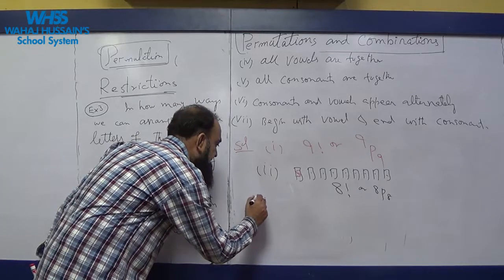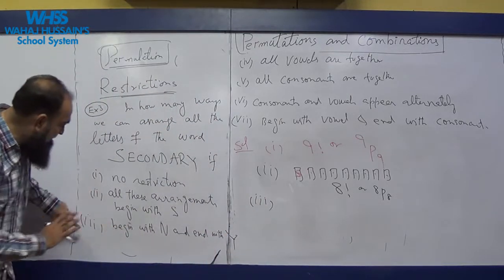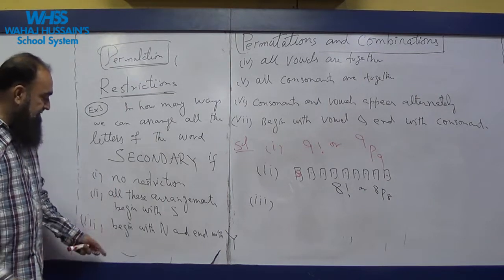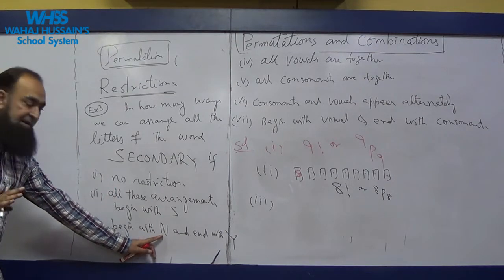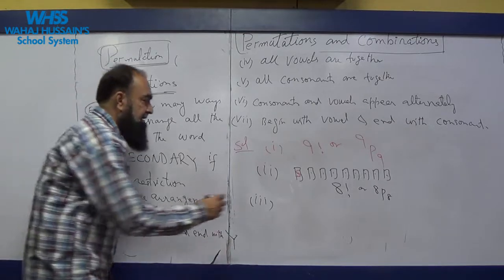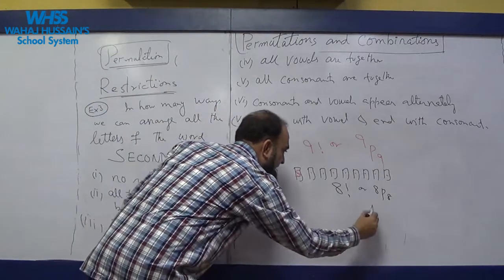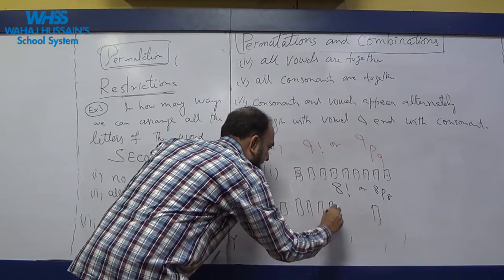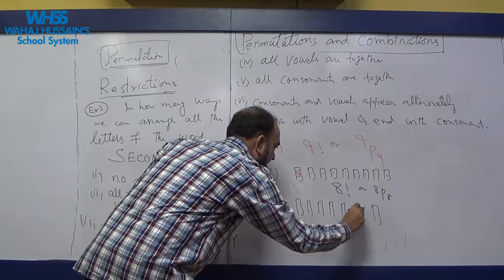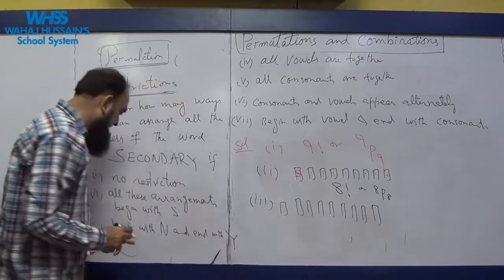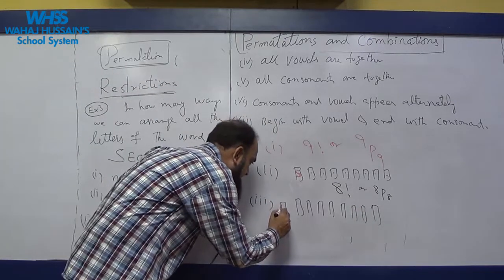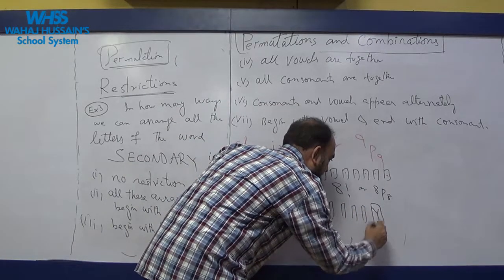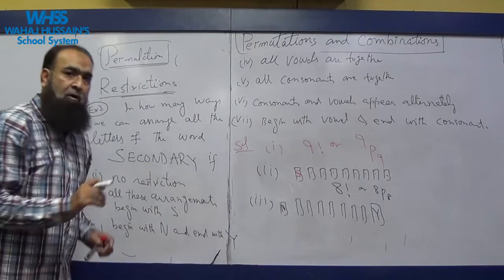In the third part, we have to find the number of arrangements in which N is the first letter and Y is the last letter. Again, the same way you can draw 1, 2, 3, 4, 5, 6, 7, 8 and 9. First letter is N and last letter is Y. So now we have fixed 2 objects.